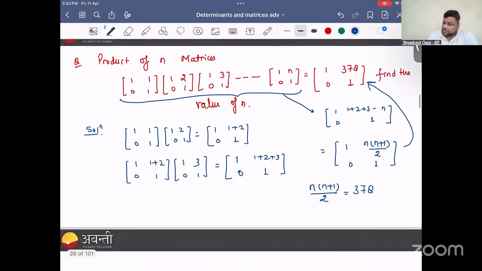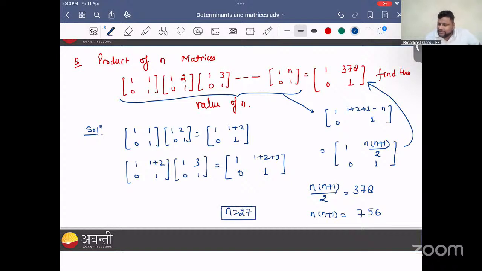That means n into n plus 1 will be 756. Now either you solve this quadratic or you can try different values of n to get a certain answer. I assume n should be 27 if you simplify it.